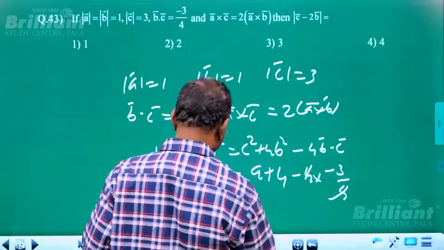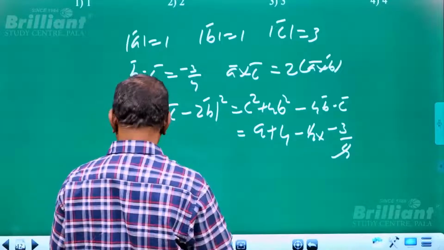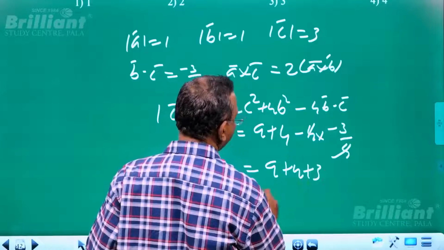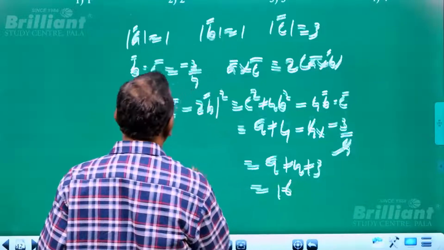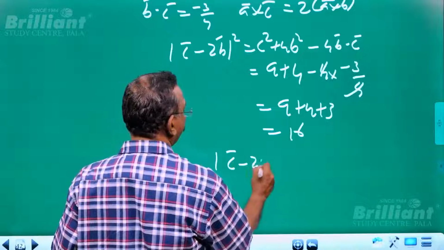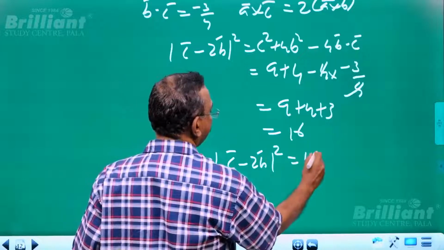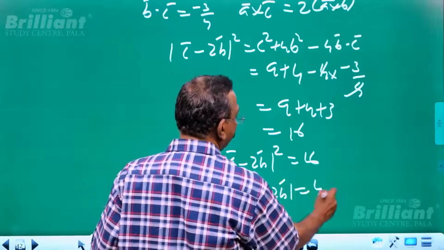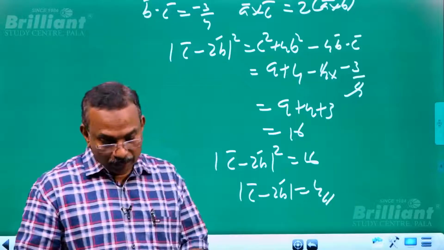So we can cancel the 4. Then you have the answer as 9 plus 4 plus 3, that is equal to 16. So mod C bar minus 2B bar the whole square is equal to 16, or mod C bar minus 2B bar is equal to 4. So the required answer is 4.